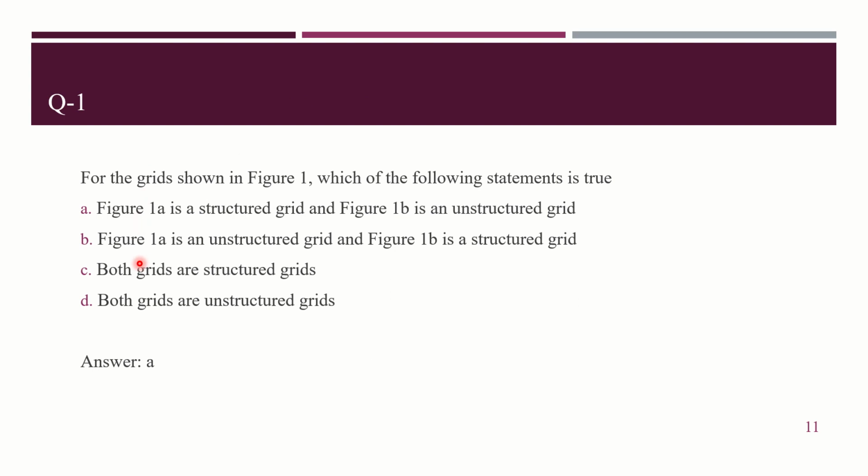In the last class there were two more statements, and I am including this to say that questions can include such forms, like in options C and D, where figure 1A is a structured grid that can be transformed into an unstructured grid as well, and 1B is an unstructured grid that can be transformed into a structured grid as well.